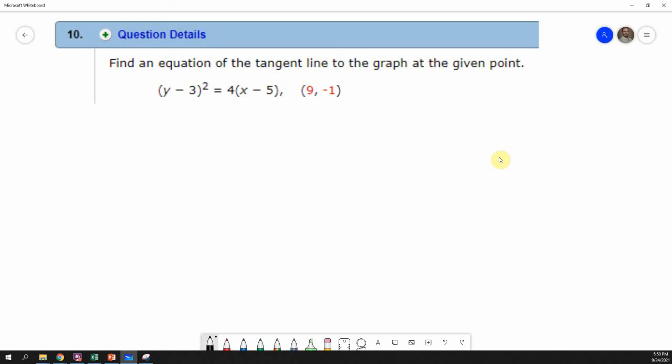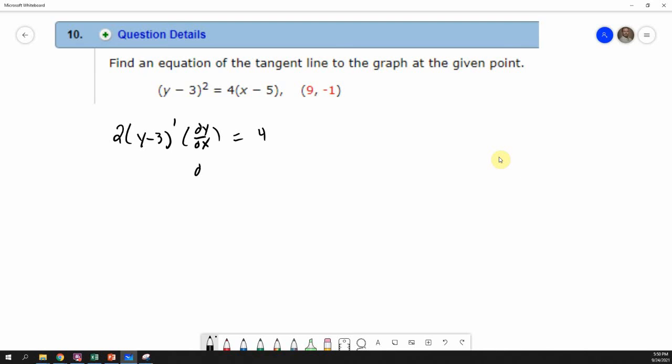So if I take the derivative, 2 times (y minus 3) to the first, and then times the derivative of y minus 3, which is dy/dx, equals 4. Right, because the derivative of 4 times (x minus 5) is just the derivative of 4x minus 20, and that's just 4.